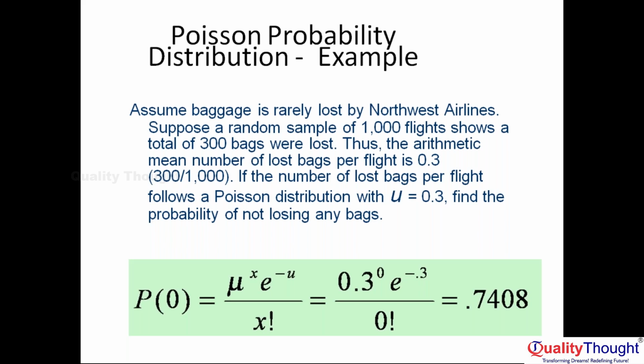So as per the Northwest Airlines, for a sample of 1000 flights, nearly 300 bags were lost. Hence they have verified the arithmetic mean of the lost bags, which they identified as 0.3. If the number of lost bags per flight follows a Poisson distribution with mu equal to 0.3, find the probability of not losing any bags. Shall we check this one?